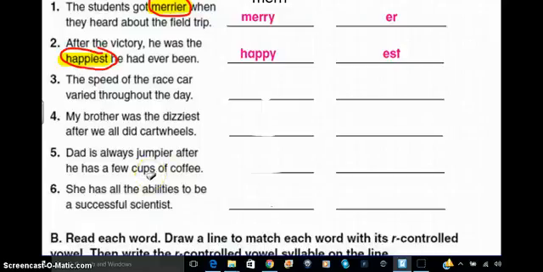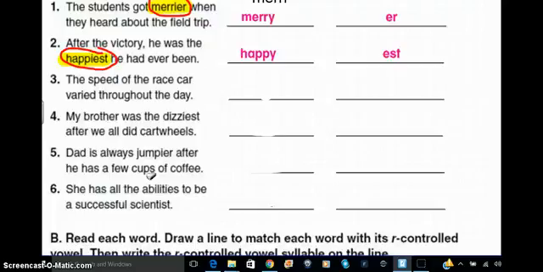Number 3, the speed of the race car varied throughout the day. The speed of the race car varied throughout the day. Pause and mark your answer. 4, my brother was the dizziest after we all did cartwheels. My brother was the dizziest after we all did cartwheels.